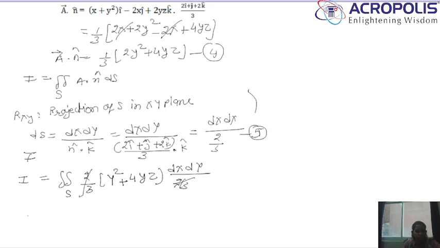Here the equation of the surface is 2x plus y plus 2z equal to 6. So here we can find the value of 2z in terms of x and y. 2z will be 6 minus 2x minus y.